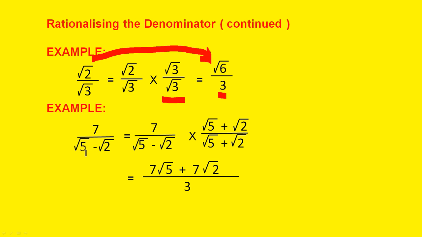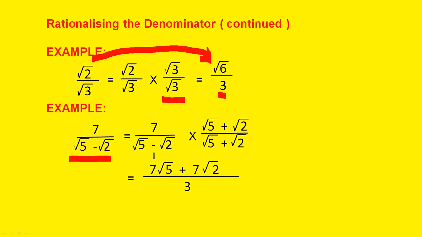Here is another example, slightly more involved. 7 over the square root of 5 minus the square root of 2. Now what we do, we multiply the top and the bottom by the square root of 5 plus the square root of 2 over the square root of 5 plus the square root of 2. Again, that's 1. So the value of this fraction doesn't change. Now, let's see what we get. 7 times the square root of 5 is 7 square root of 5. 7 times the square root of 2 is 7 square root of 2.